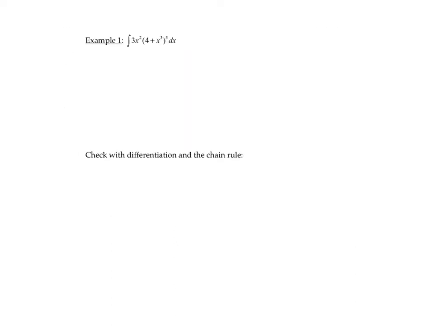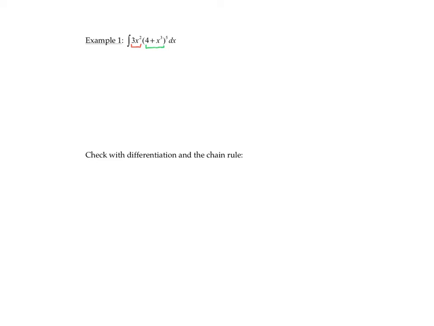Okay, so if we take a look, I see this as having two parts. A part on the outside of the parentheses and a piece that's inside the parentheses. And if you take a look at the piece on the inside, if we were to take the derivative of 4 plus x to the third, then that would give us 3x squared, which is a match for what you see on the outside.